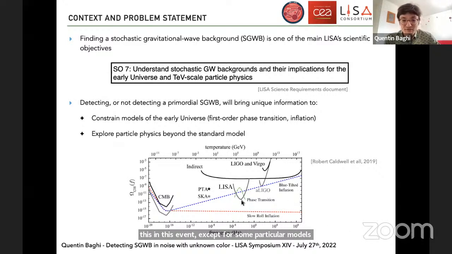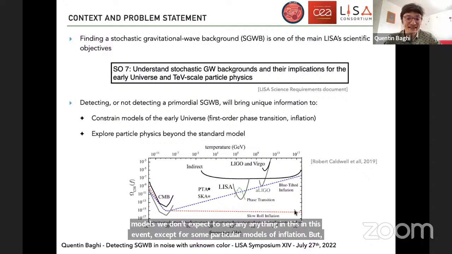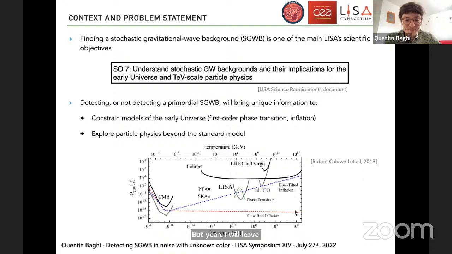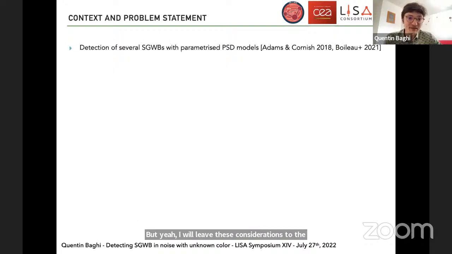But things like phase transitions and cosmic strings are maybe more likely to be seen. I'll leave these considerations to the cosmologists. There has been quite a lot of literature already about stochastic backgrounds, especially the detection and distinguishing between different types of stochastic backgrounds with parametrized power spectral density models.